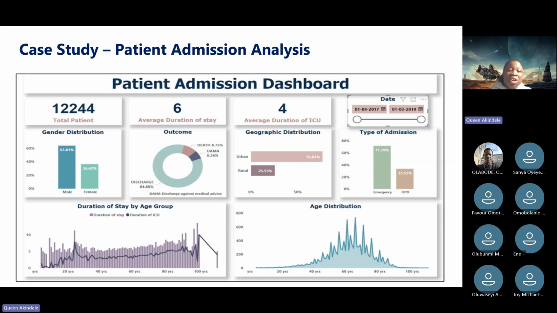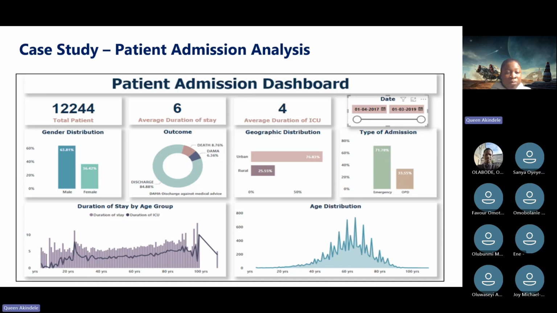These metrics may change, in fact most of them will change, if we change our focus from patient admission to something else. Then the type of admission here says the kind of admission this practice takes are emergency admissions and outpatient admissions.